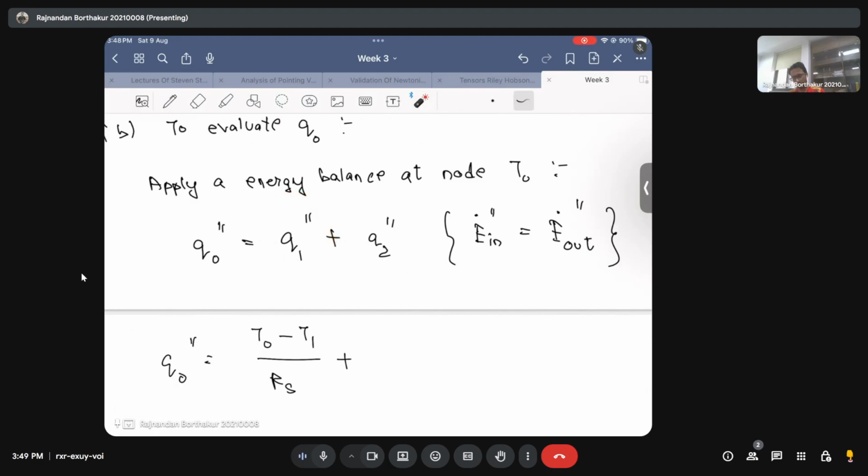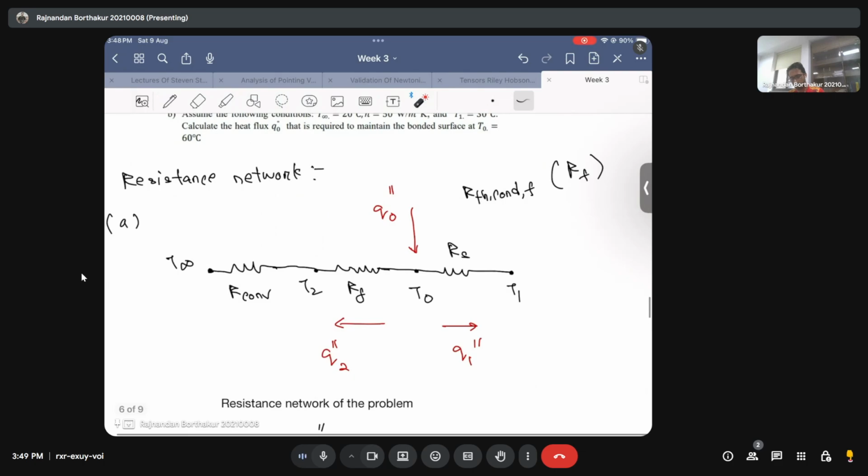In the same spirit, if you evaluate Q2 using the concept of the resistance network, and if you remember case 2 that we discussed today, Q2 is the temperature difference between T naught and T infinity, divided by all the resistances between these two temperature nodes, which is the resistance of the film and the convection resistance provided by the flowing air.